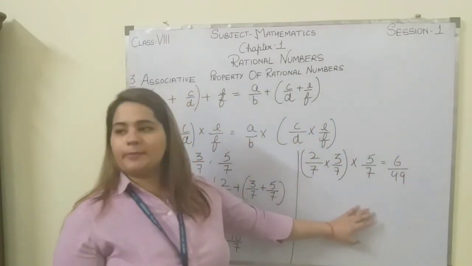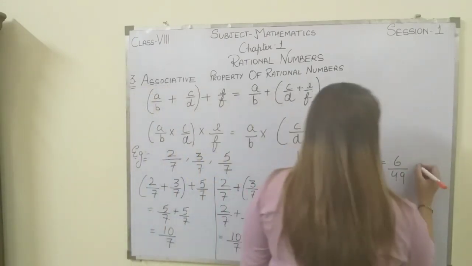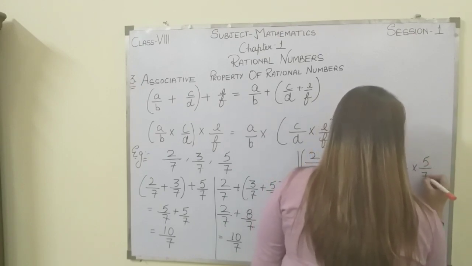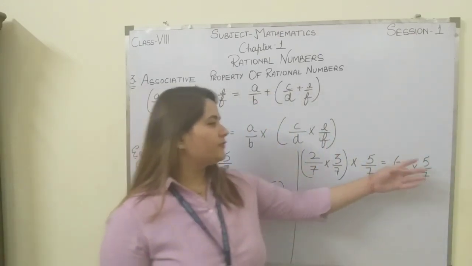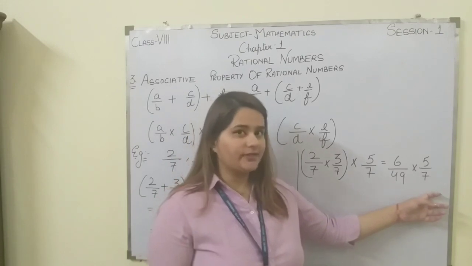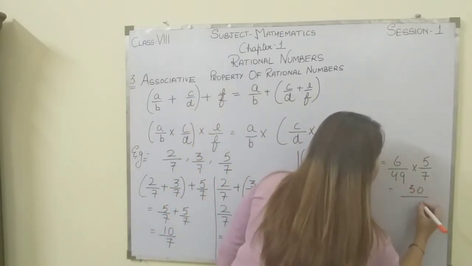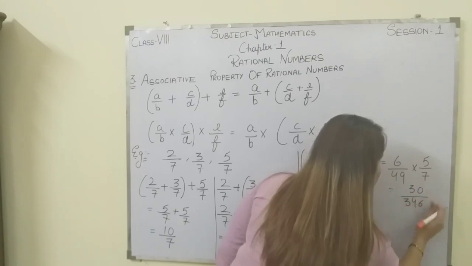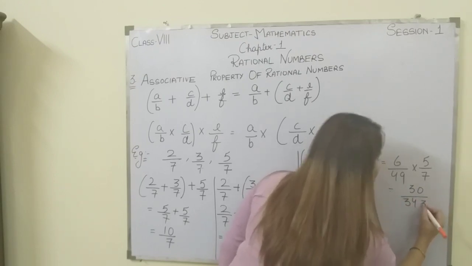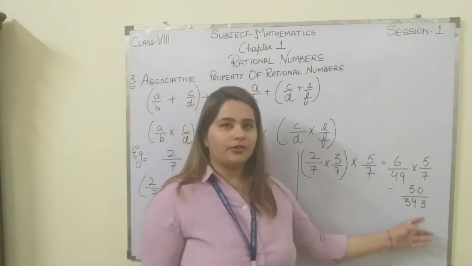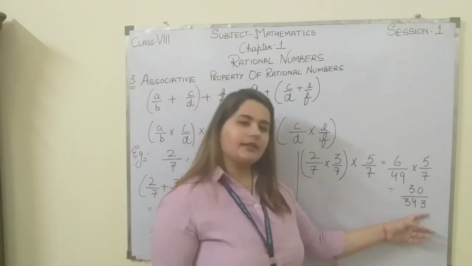So it will be 6 by 49 into 5 by 7. So 6 into 5 and next we have 49 into 7. So 6 5s are 30 and 49 into 7 is 343. So the product is 30 by 343.